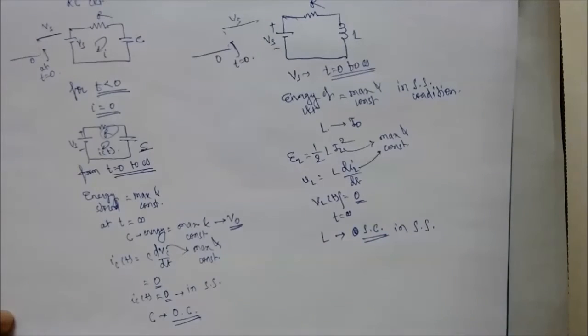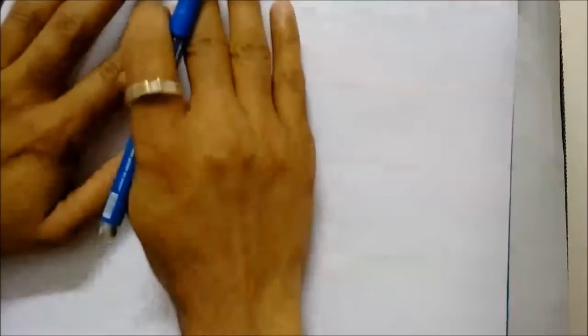Now we will see the response of the L and C elements at the switching instant. Let's say a voltage is applied which changes from 0 to Vs at t equal to 0.